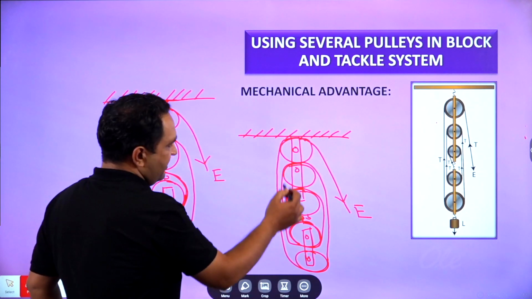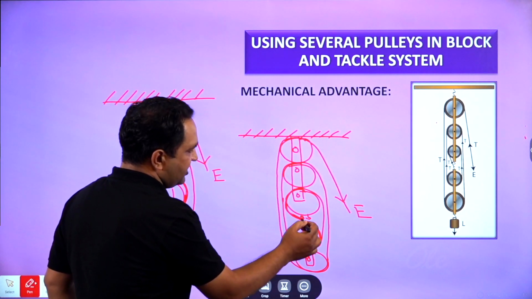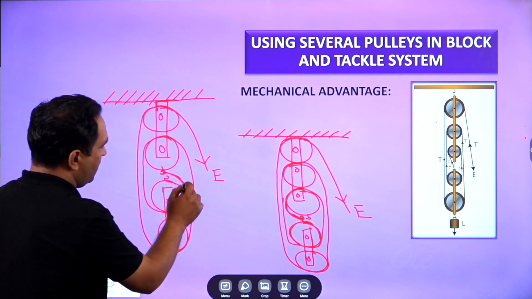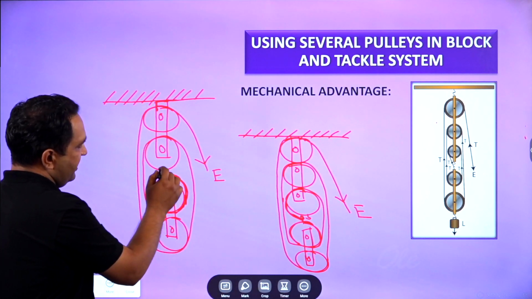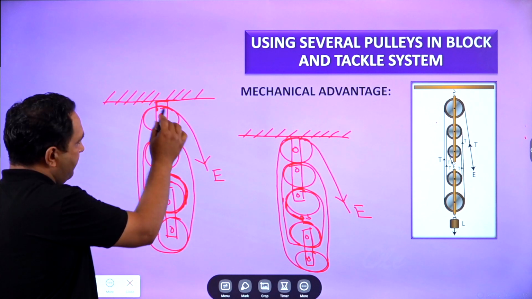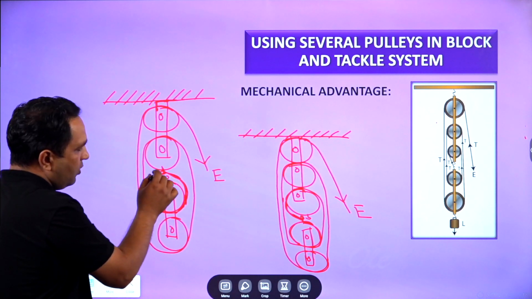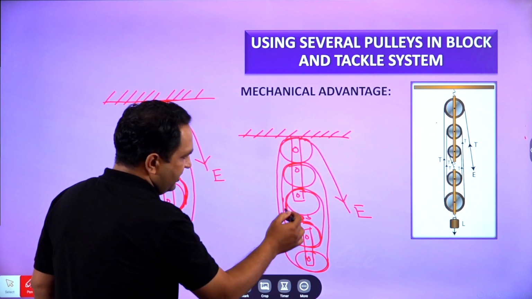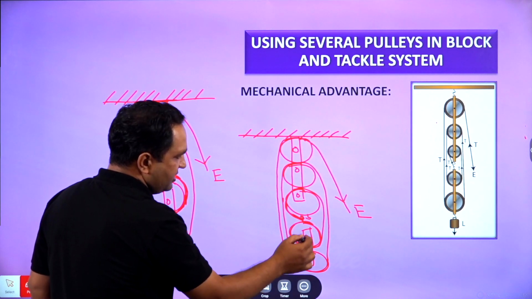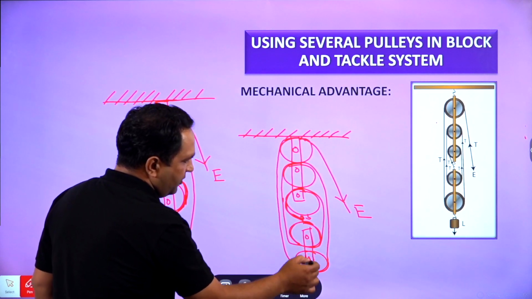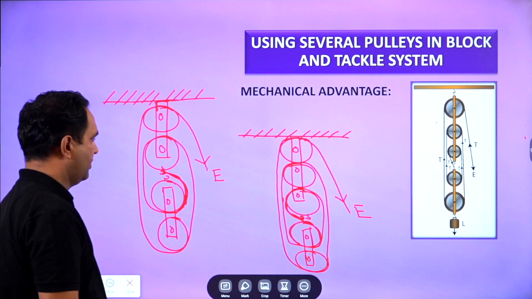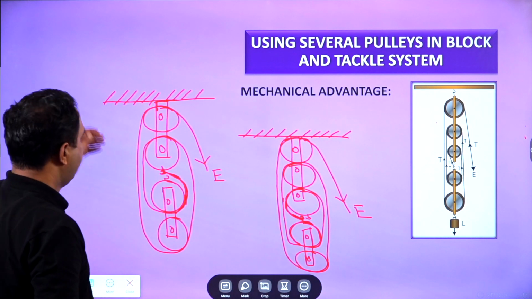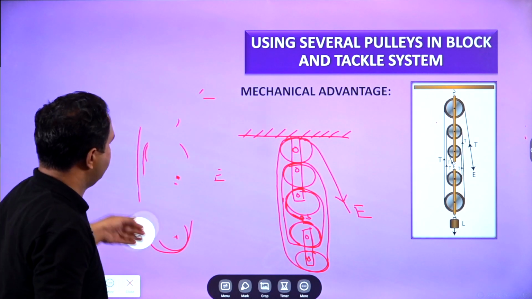Here it was coming in the downward direction, here in the upward direction, so we connected it with the upper part pulleys hook, and here it is coming in the downward direction, so we connect it with the lower part pulleys hook. Okay, hope now you will be able to connect the rope with these pulleys.